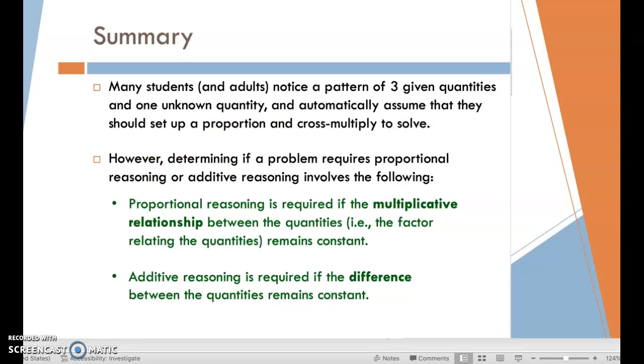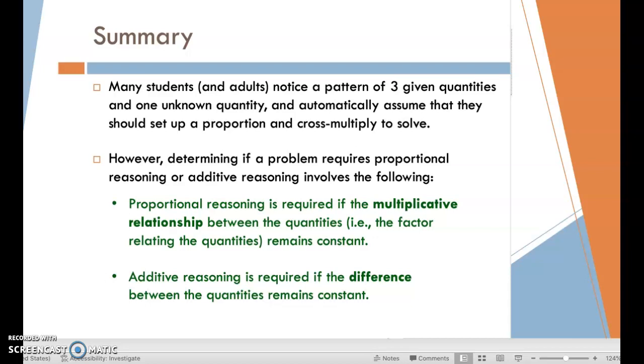Many students and adults notice a pattern of 3 given quantities and 1 unknown quantity, and automatically assume that they should set up a proportion or a cross multiply scenario to solve.